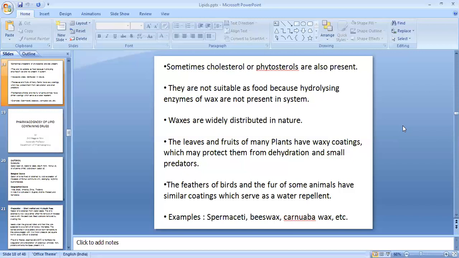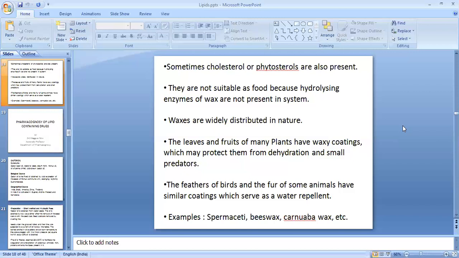Especially when you see the sheep, the wool fleece of the sheep is completely covered with waxy material, from where you obtain the wool fat. The waxy substances will give you the wool fat after cleaning. That's what we are going to see later.